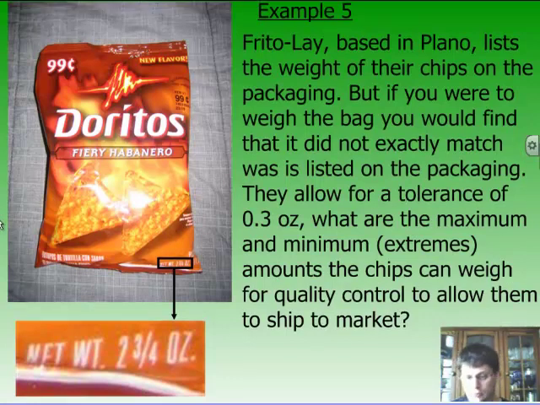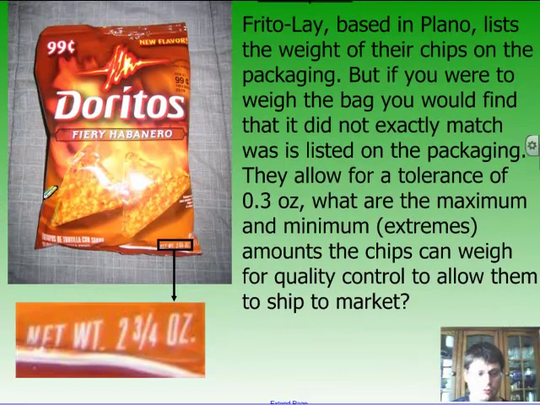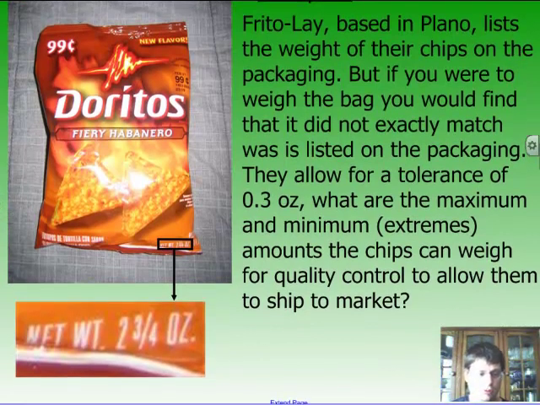So we'll need to figure out what do we know, what do we need to figure out. Well, one of the things that I know for sure is we have this tolerance of 0.3 ounces, okay? And if you actually look at the bag here, we're going to need to know what that ideal weight is, what they're shooting for.